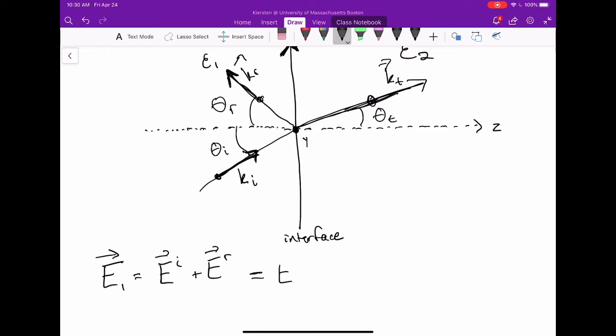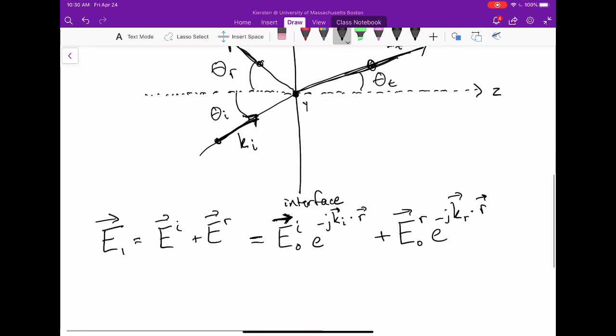So I'm going to say E naught I is the vector direction, the polarization and amplitude information about that incident wave, and then it is going to be e to the minus j ki dot r, where r is the position vector. And then I'm going to write the same format for the reflected wave, E naught r times e to the minus j kr dot r.